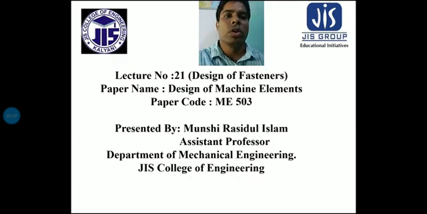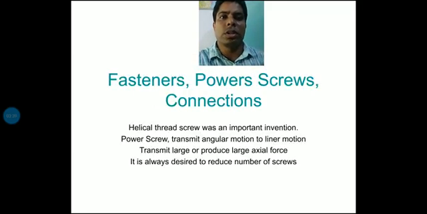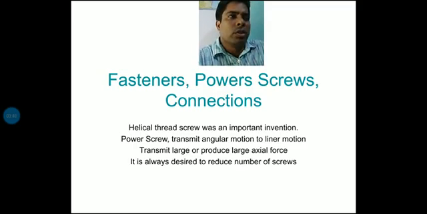So in today's class, fasteners and power screw connection. A simple example of a power screw is seen at every point of my life. The power screw is used in automobile vehicles to lift the vehicle in up and down movement, and that is named the screw jack.